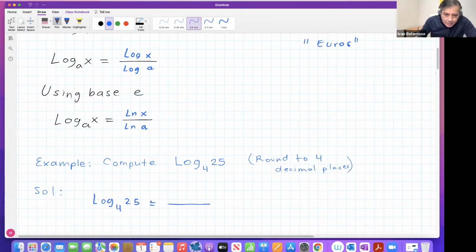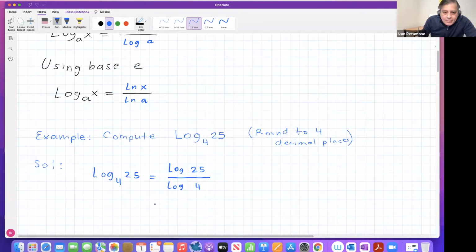Then I can rewrite this as log base 10, remember, I don't have to write the 10 there, of the argument, 25, and on the bottom, log base 10 of the base, 4. That's how it works.